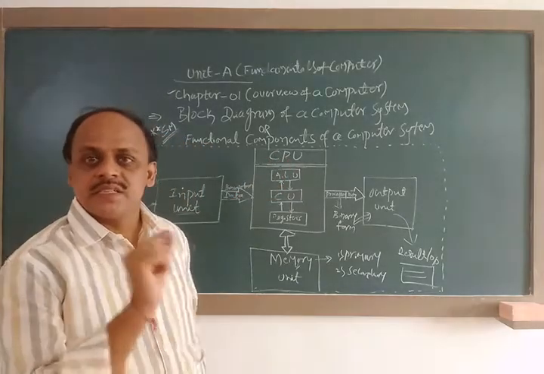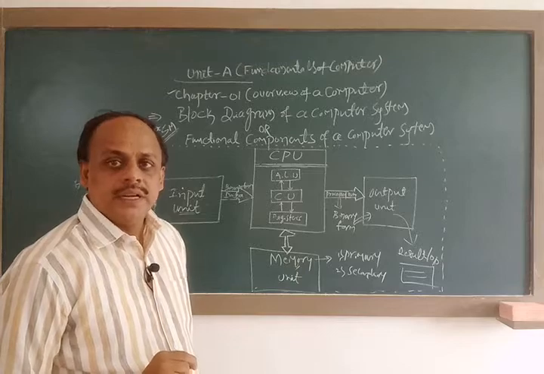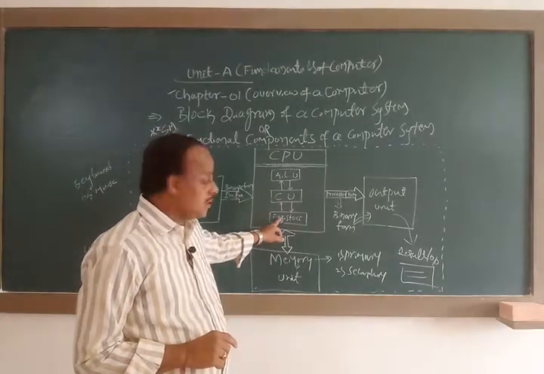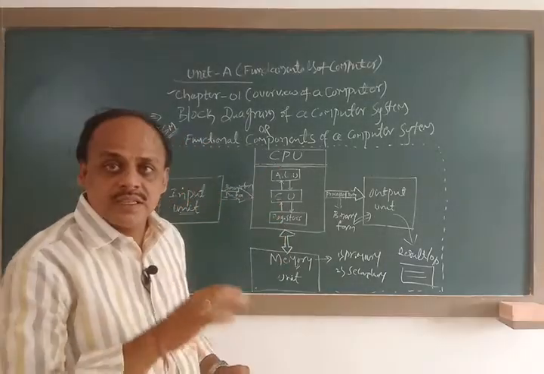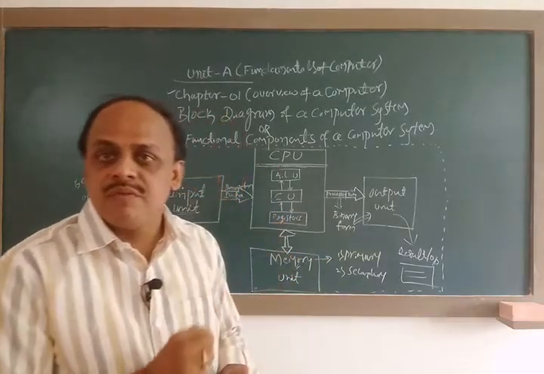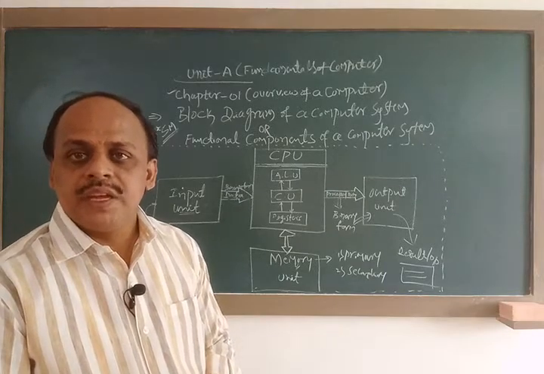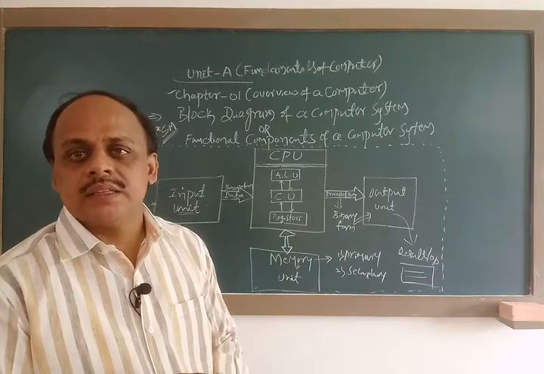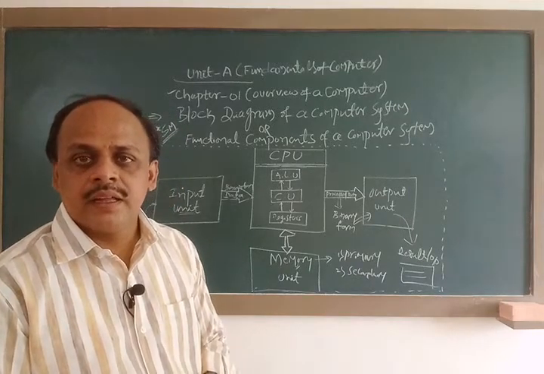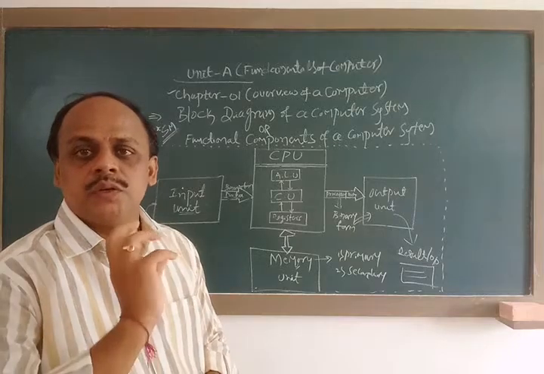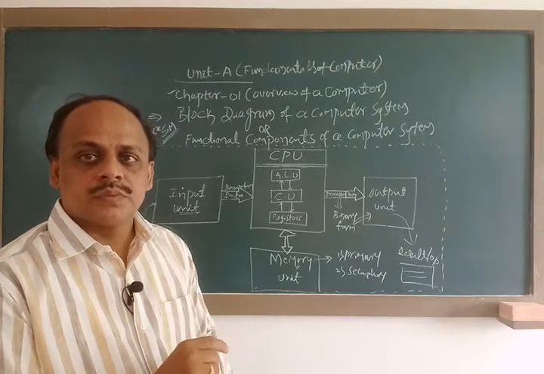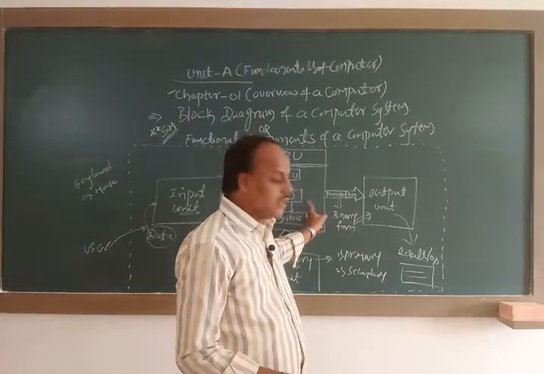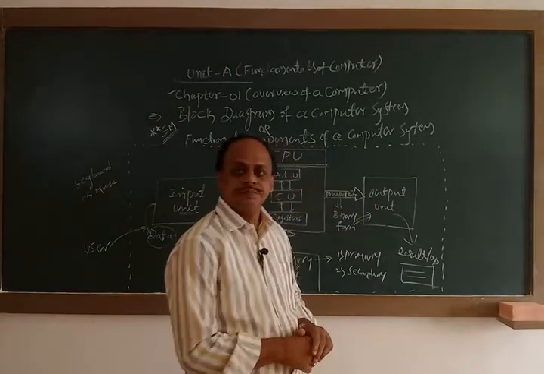Next, the CPU. CPU stands for Central Processing Unit. It contains 3 parts: ALU, CU, and registers. This CPU is going to accept binary form data from the input unit, process that binary form data, and afterwards transfer the processed data to the output unit.